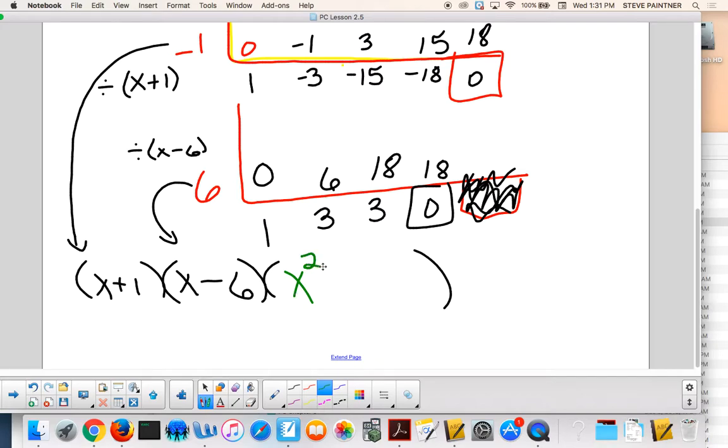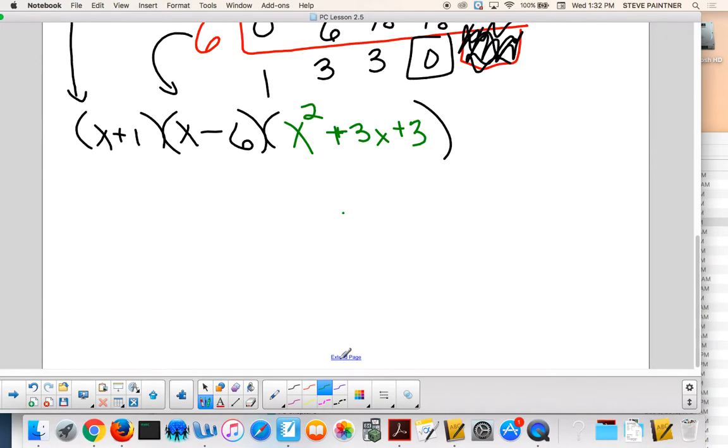Okay, x squared plus 3x plus 3. Do you remember how I said factoring is my best friend? Well, if these are imaginary zeros, you can't factor that. So how are you going to solve it? Probably the formula. Okay? Go do it.